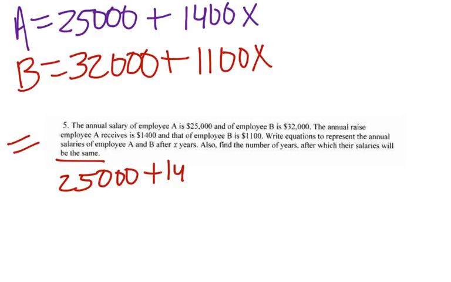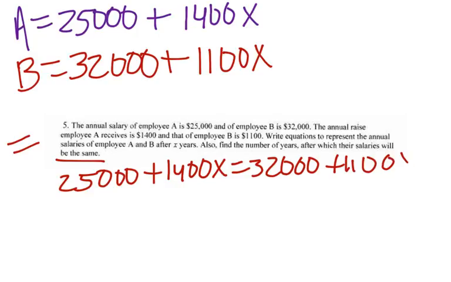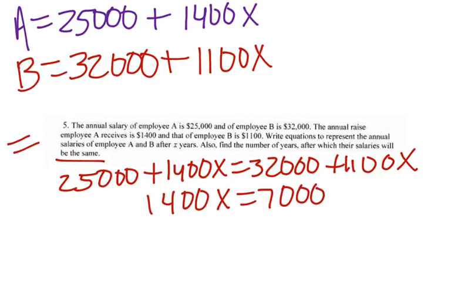25,000 plus 1,400x equals 32,000 plus 1,100x. I would move my 25,000. So that would give me 1,400x is equal to 7,000 plus 1,100x.